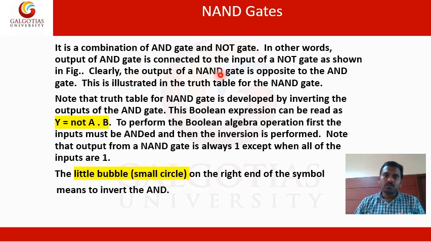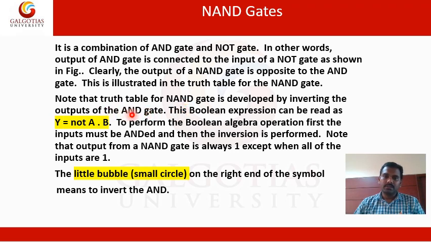The output of a NAND gate is opposite to the AND gate, and this is illustrated in the truth table for the NAND gate in the next slide. We can remember that the truth table for the NAND gate is developed by inverting the output of the AND gate.